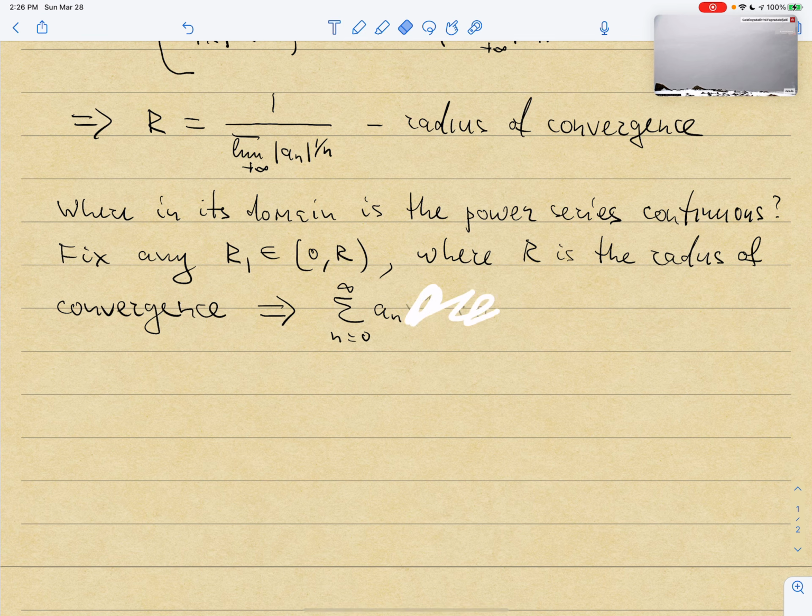So in fact, I can just write a_n R1 to the n. So this converges.